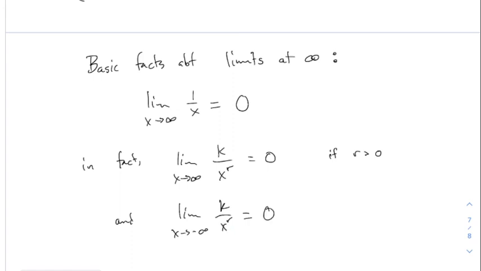I'm going to say if r is a positive integer here, some weird things will happen if you let r be a fraction, for instance, r equals 1/2, and then use negative numbers. This would give you square roots of negative numbers, which mess the whole thing up. But if r is an ordinary positive integer, then this works out just fine.